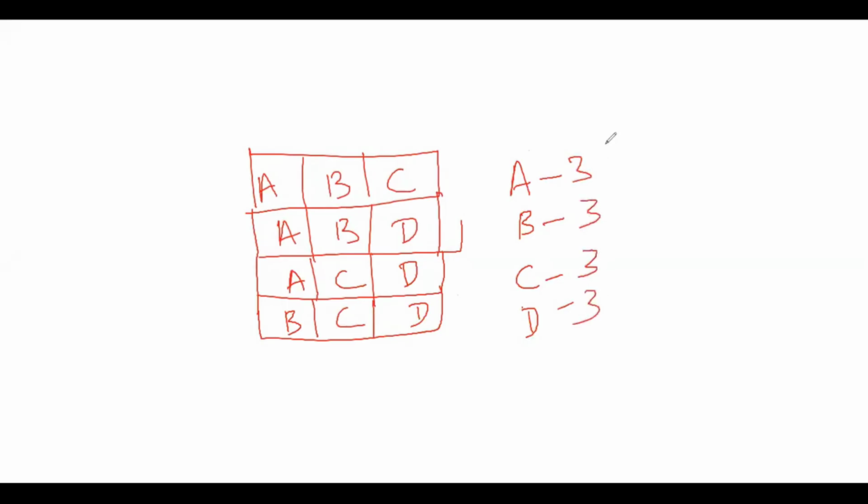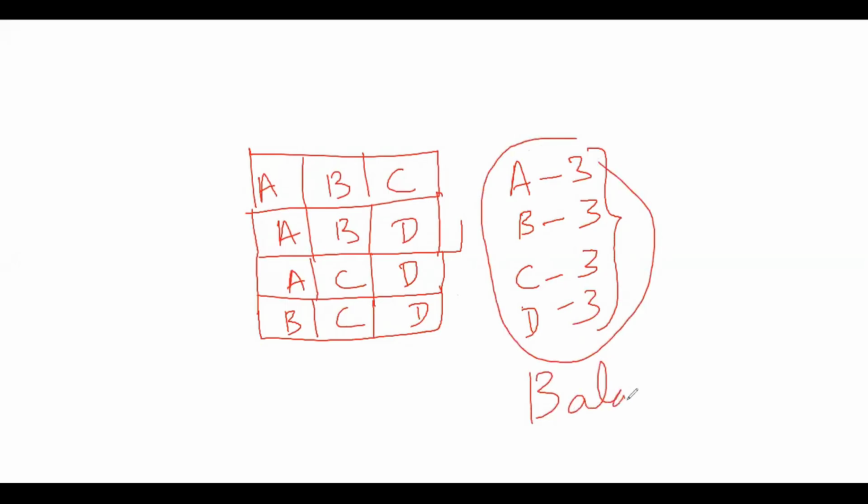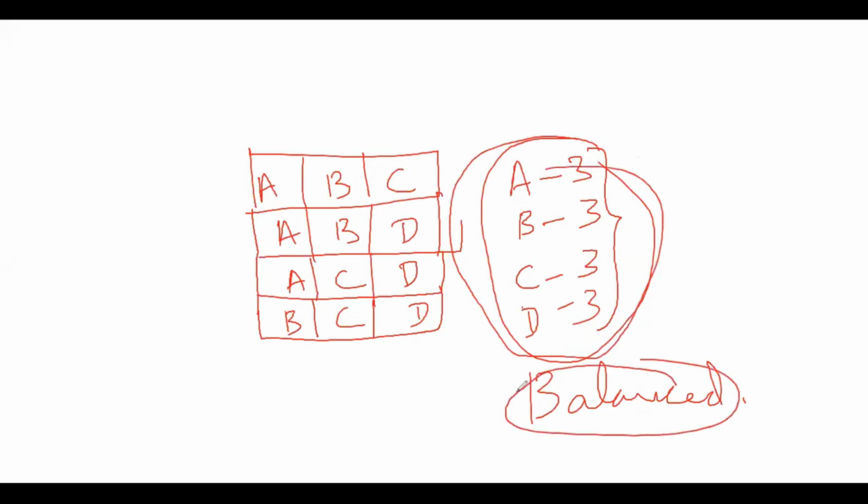Now you see, this is called balanced. The earlier example was partially balanced: two groups, one with 3 replicates and the other with 2 replicates. If all have the same number of replicates, then it is balanced. So that is called a balanced design.